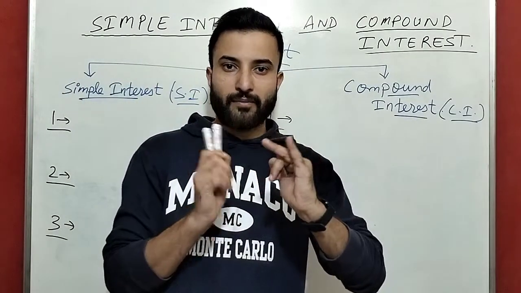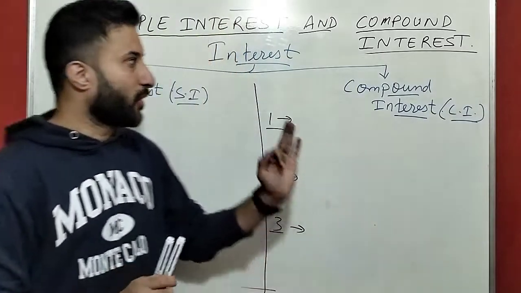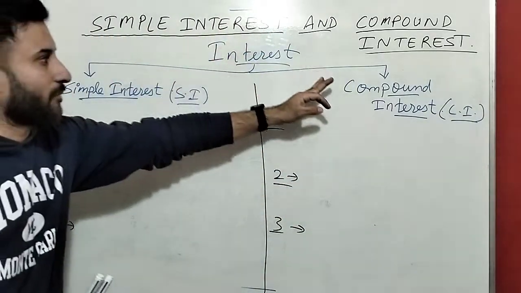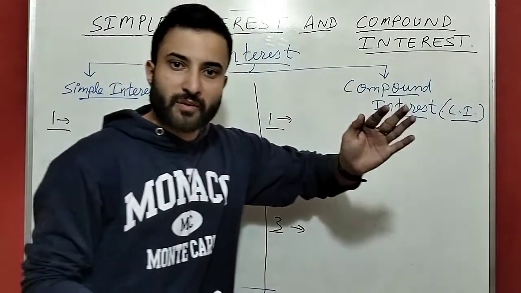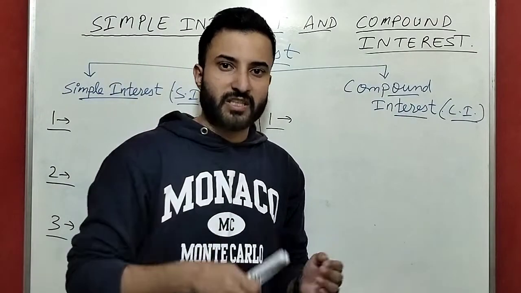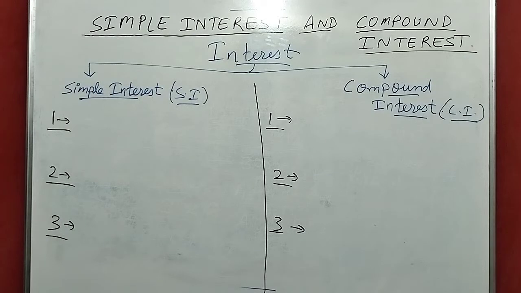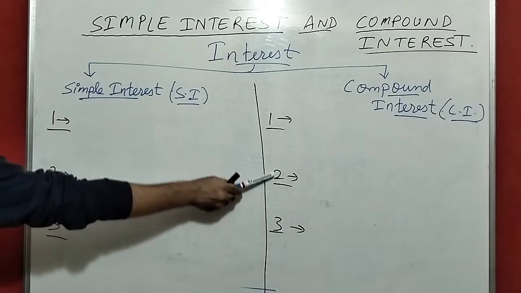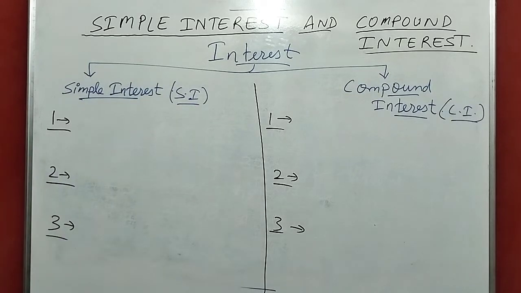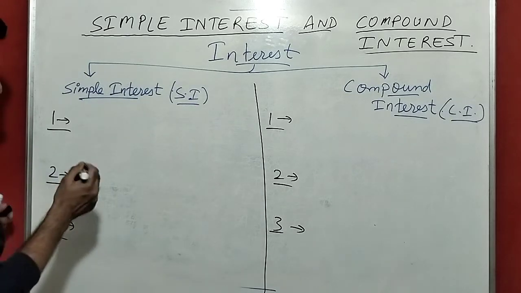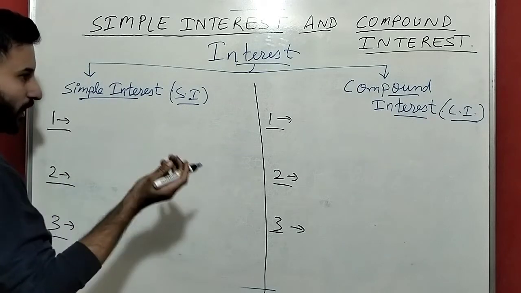Interest is of two types: simple interest and compound interest, because this chapter is simple interest and compound interest. When we move to the next chapter, annuity, at that time I will teach you annuity. Okay. So simple interest. Suppose, as I have told you, you had borrowed money for 3 years. The money you had borrowed, what will we call it?